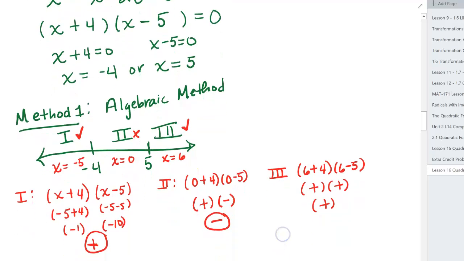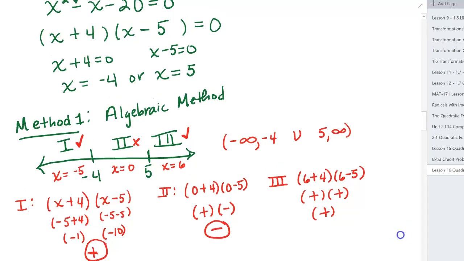So using the algebraic method, I have found that this interval, which is from -infinity up to -4, and this interval, which is from 5 to infinity, are where the values of x will make that expression positive, or greater than 0.